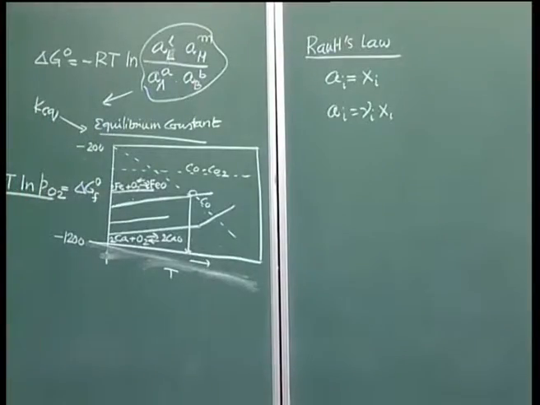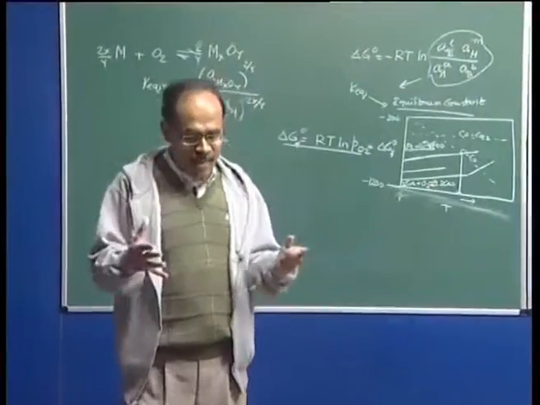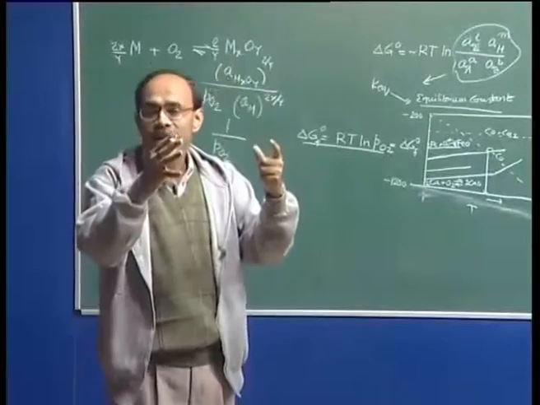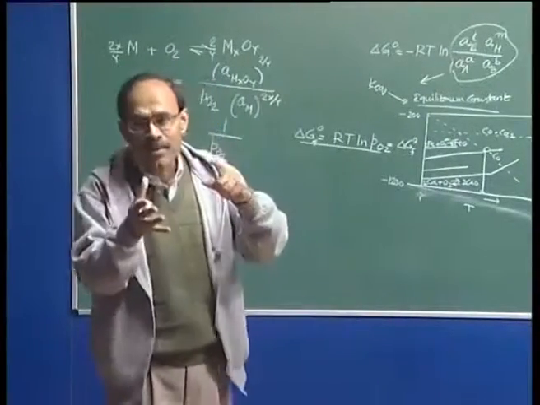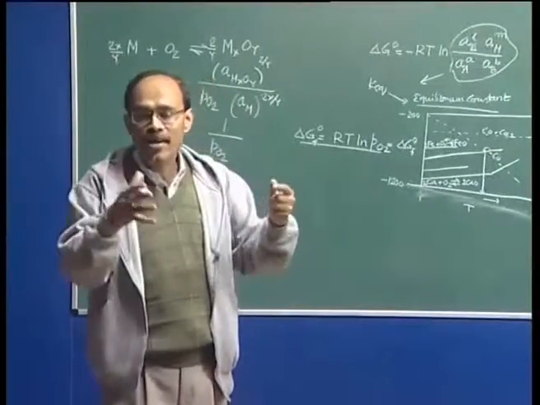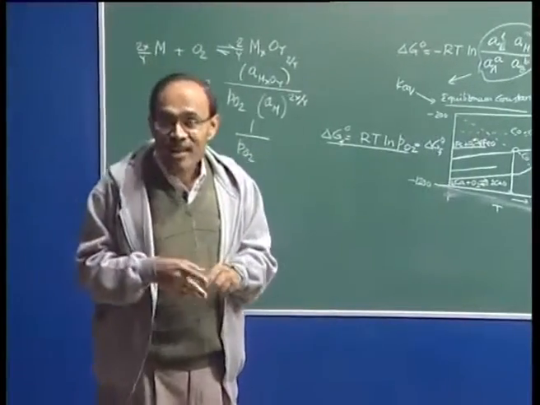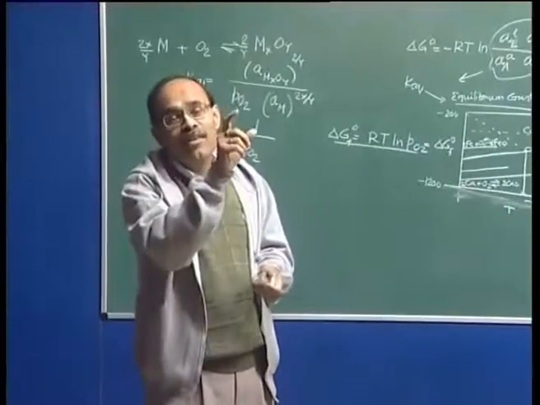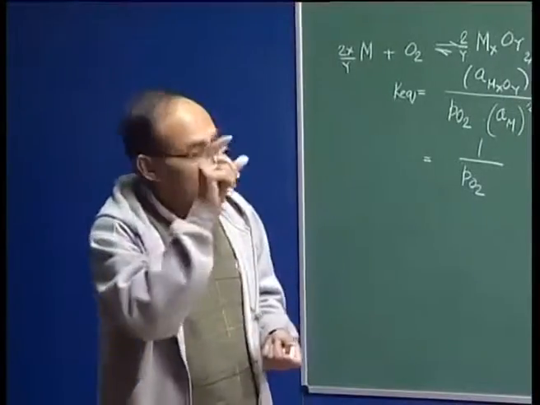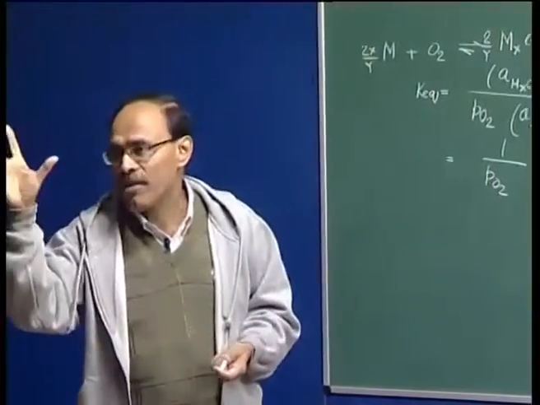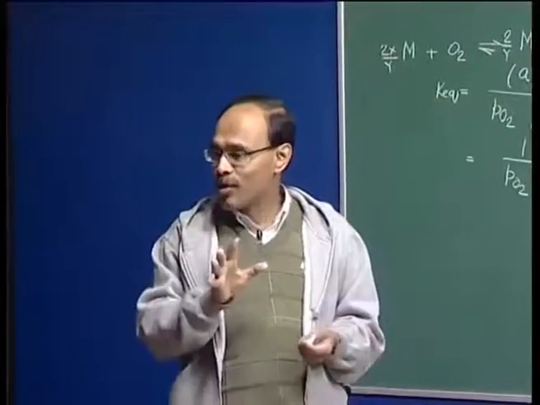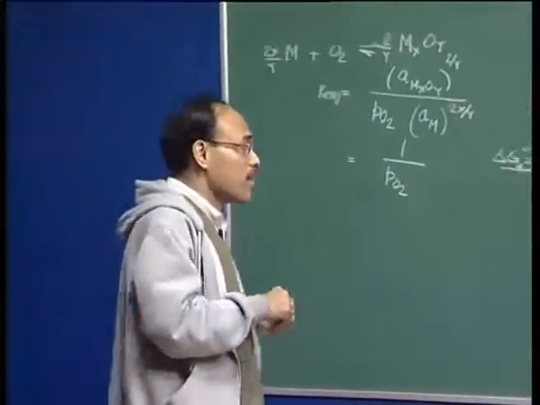For example, iron and manganese occupy very close positions in the periodic table. Their atomic numbers are similar, and crystal structures are similar. So when you mix iron and manganese, they form an ideal solution. If the mole fraction of manganese is 0.5, its activity is also equal to 0.5, because iron and manganese obey Raoult's law.